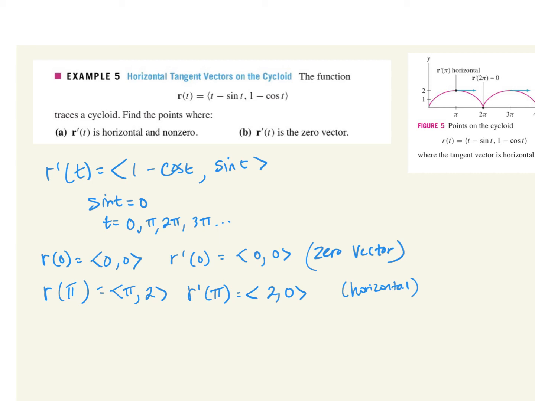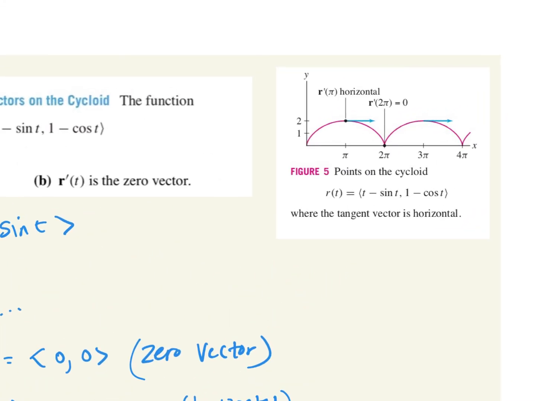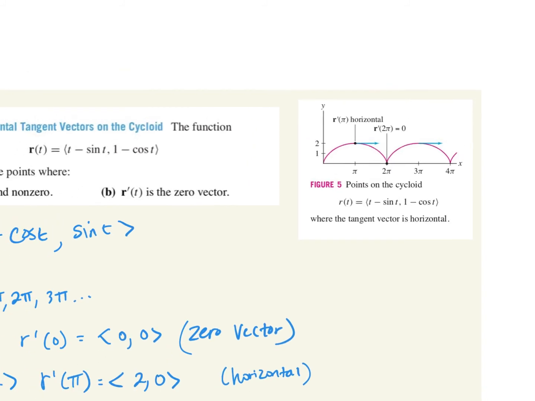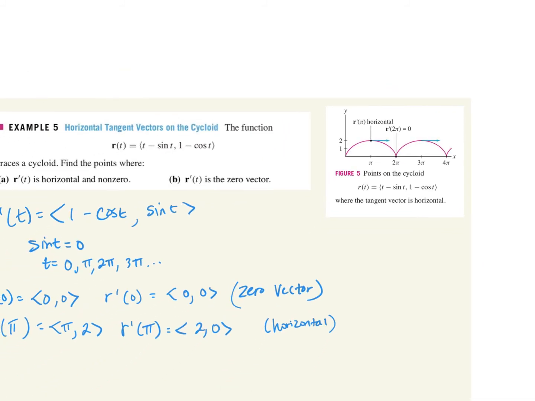This is more like the position, and this is the slope. So if we look at the graph now that we have a little bit more information, at pi, there's our point, right? So that is a vector. The blue line is the vector. At pi comma 2, that's the position, and the direction has a slope of 0. So the derivative is the vector, but the original is the position.